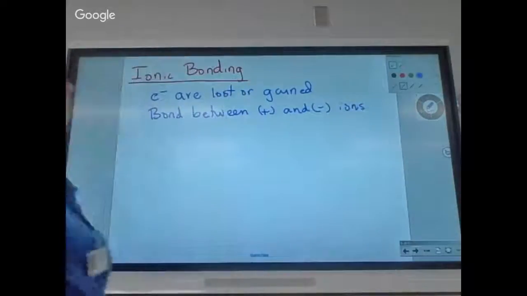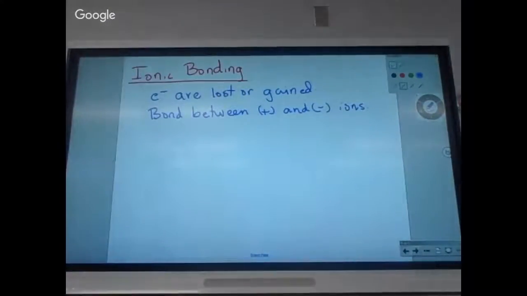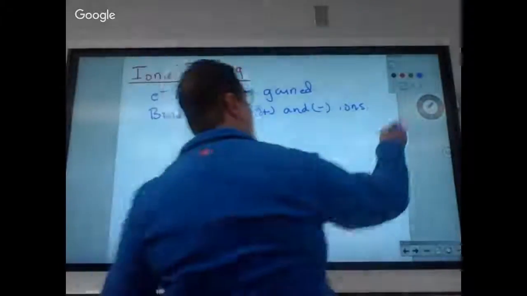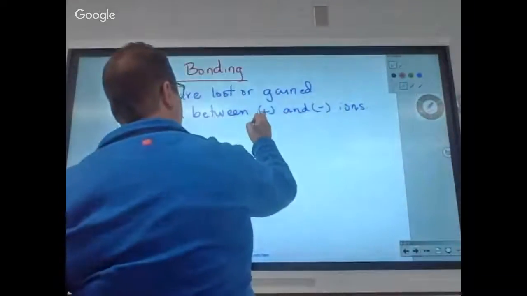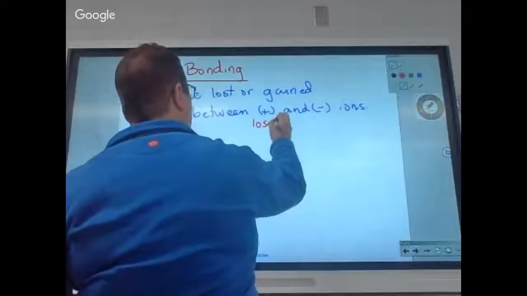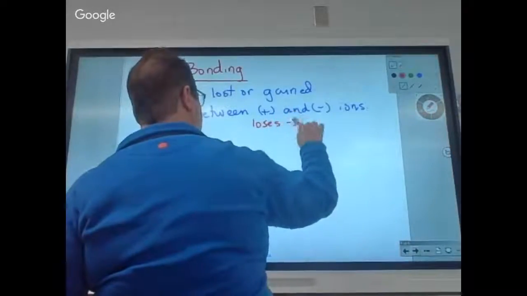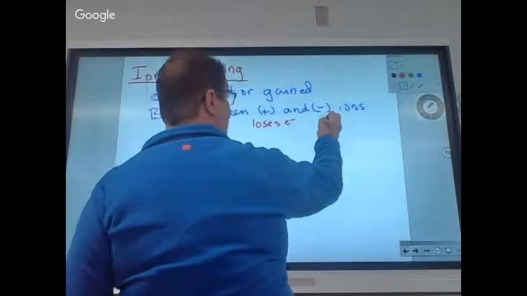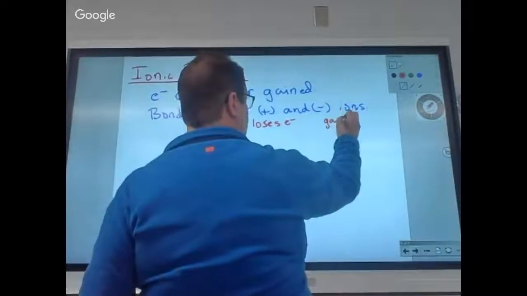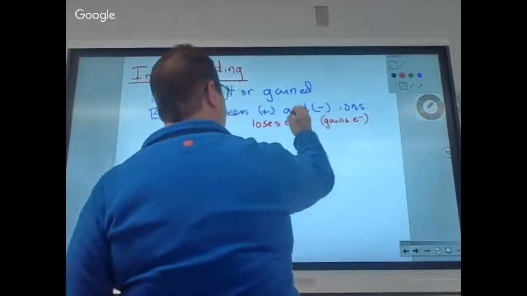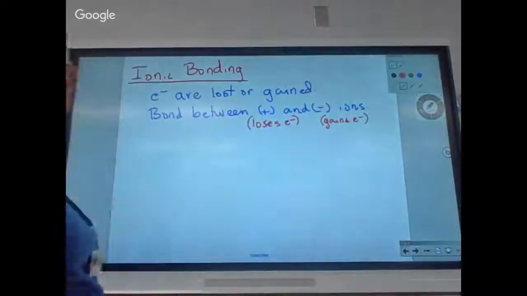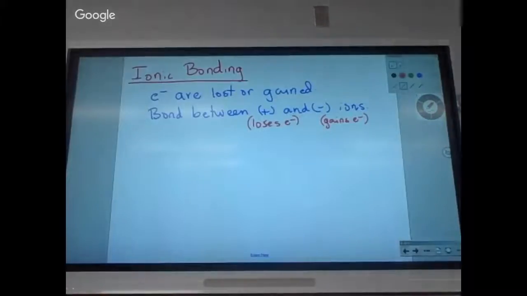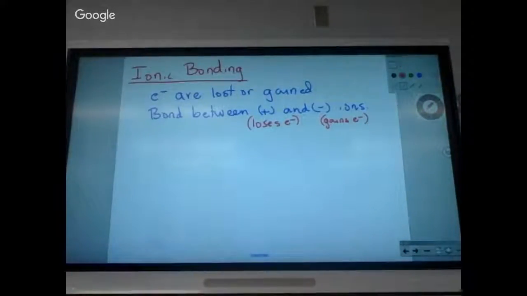Now, we can call it a bond between positive and negative ions because we know a positive ion does what? It loses electrons, and a negative ion gains electrons. That's why we can use that definition. A lot of textbooks prefer to say a bond between positive and negative ions. However, some textbooks like to be a little shorter-winded and say a bond where electrons are lost and gained.